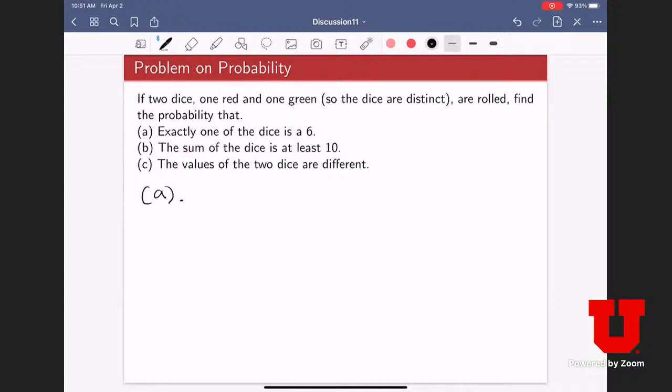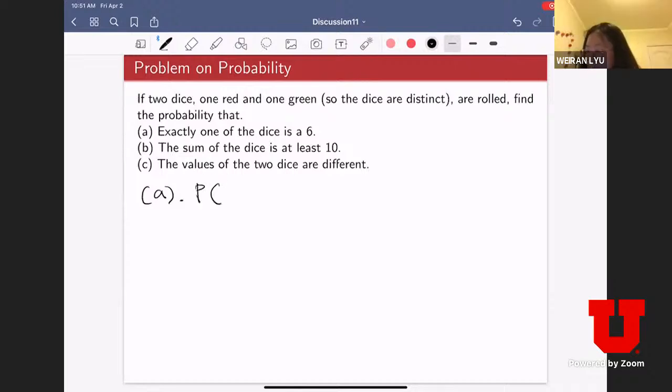Well, first we need the total outcomes, which is 6 squared. So you said the total outcomes should be 6 squared, which is also the sample space.